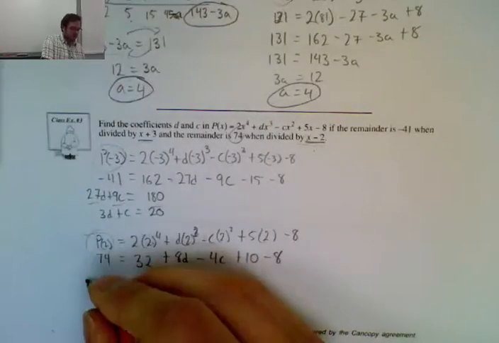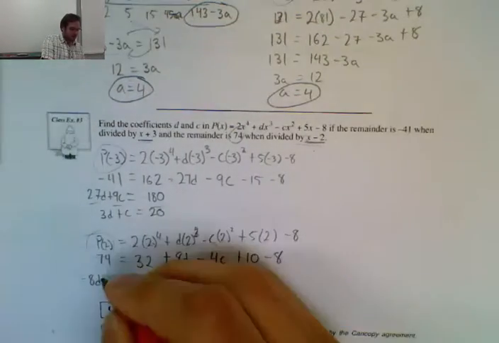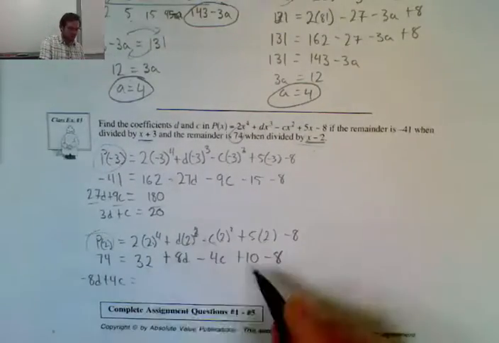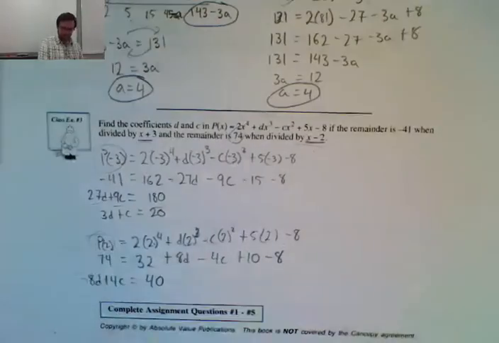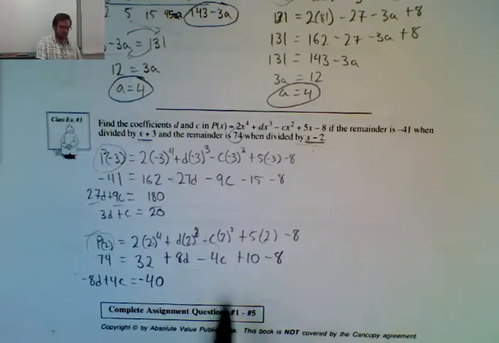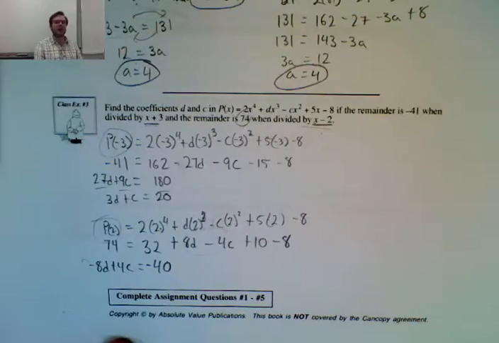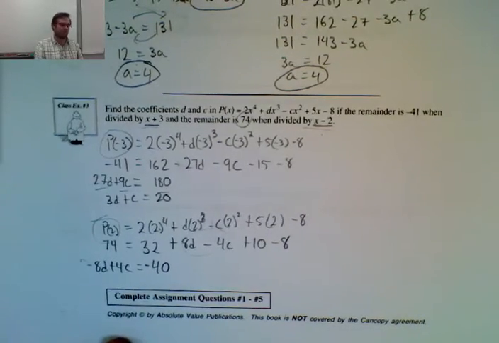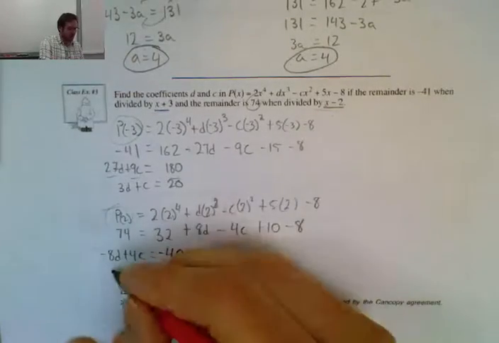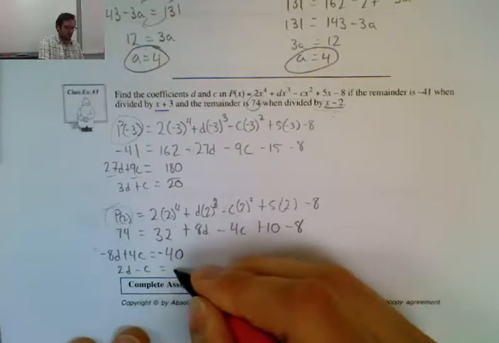So I'm going to be left with negative 8d plus 4c is equal to, I'm going to end up getting negative 40. So wait, double check. Yep, negative 40. So now I could divide everything here by negative 4, so everything's nice and positive. So it's going to give me 2d minus c is equal to 10.